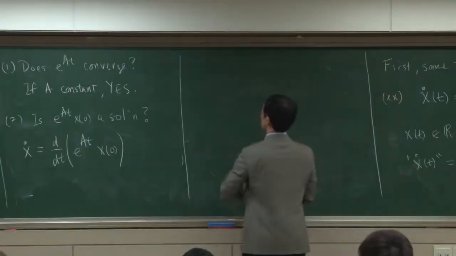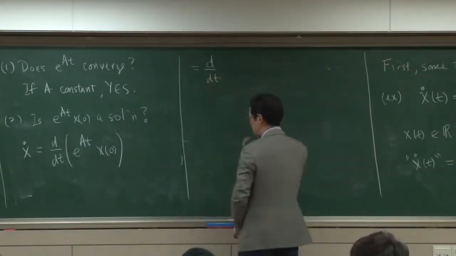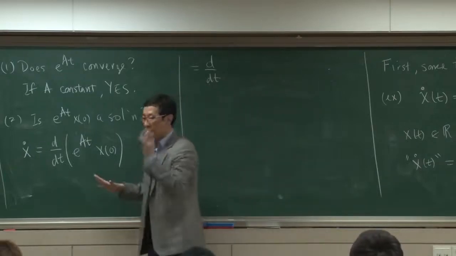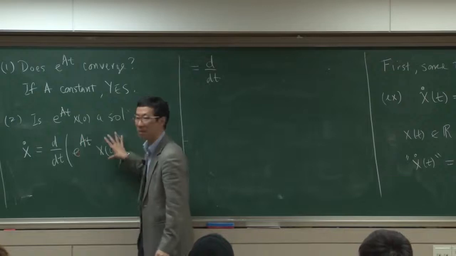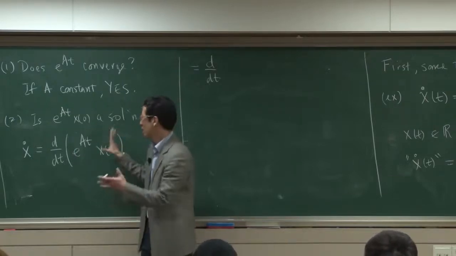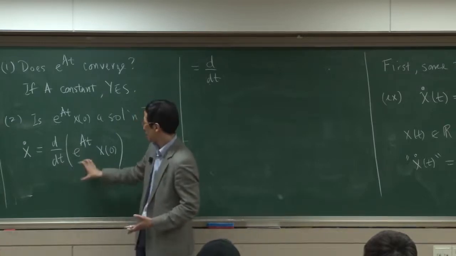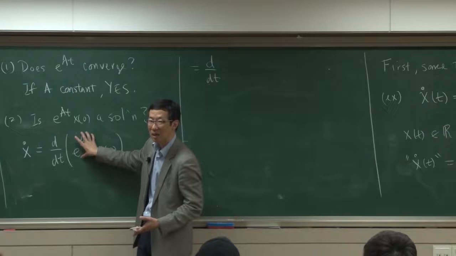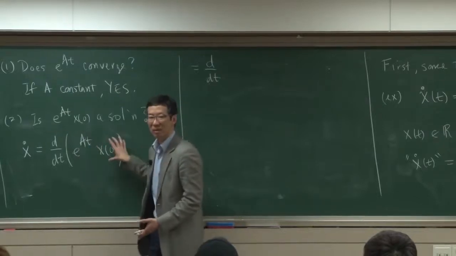Okay, so let's go over here. So it's d dt of, all right, I need to take the time derivative of something times something. Okay, something times something, so it's a scalar. How do I do this? It's the derivative of this times this plus this times the derivative of this.